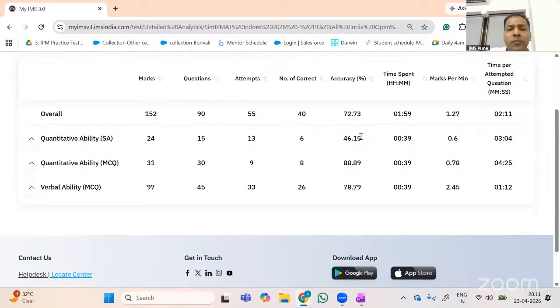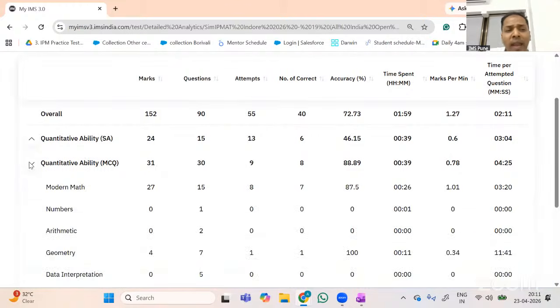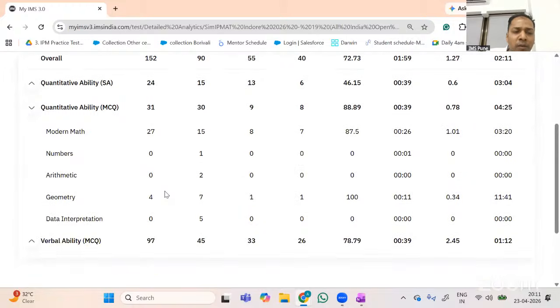I think I had attempted all 15, but remember, in the end, I had answered 5-6 questions of QA short answer randomly. I recall answering 8 questions genuinely in the short answer section, 7 or 8, out of which I've got 6 correct. MCQ section, in the end, if you recall, I just solved a few questions in less than a minute, and that helped me. So maybe my question selection was not on point in this test.